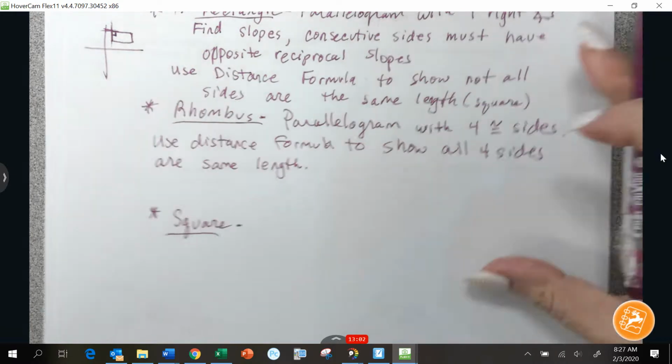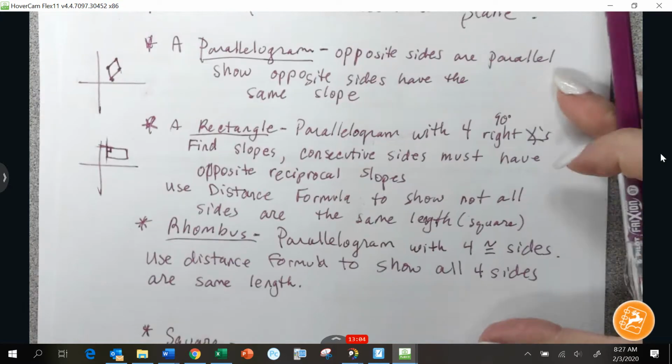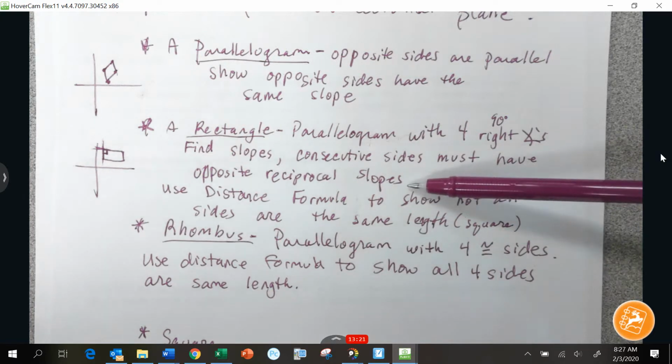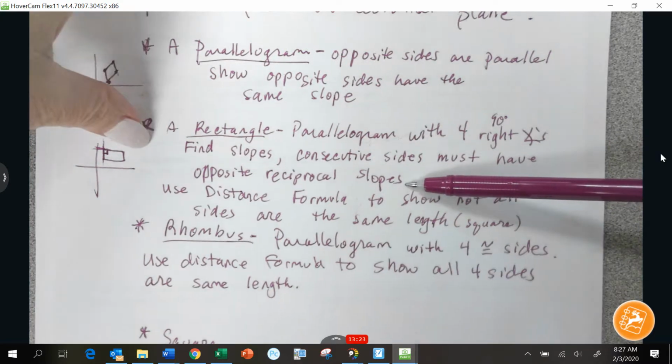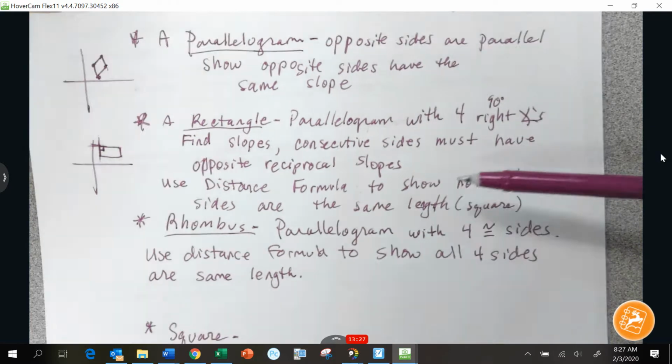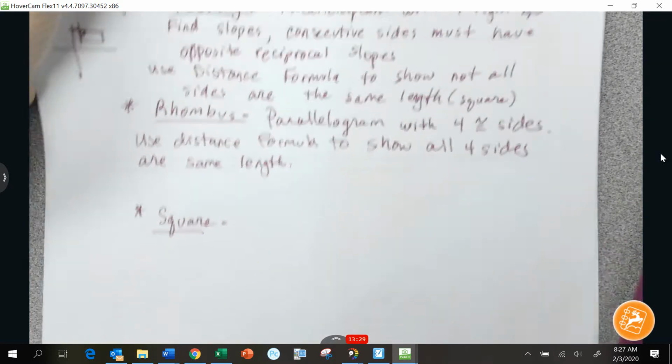How do we show that something does have right angles? Because we had to do that with rectangle. How did we show that it did have right angles? So we have to find the slopes. Okay, so we need to show that consecutive sides do not have opposite reciprocal slopes. John, did you have a question? Okay.